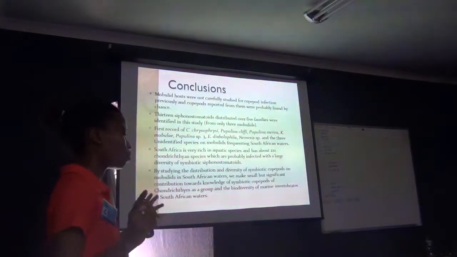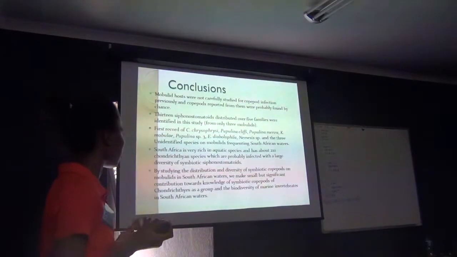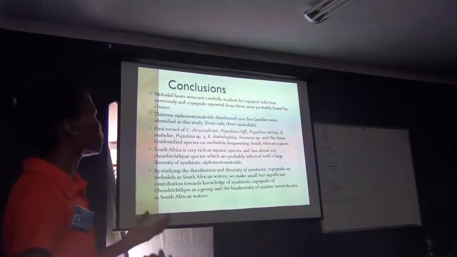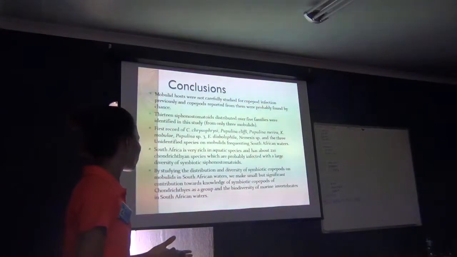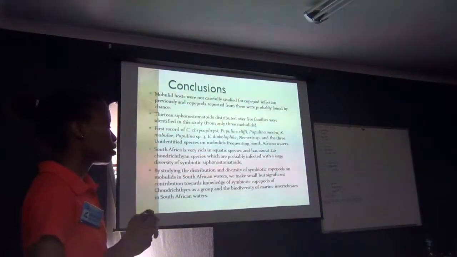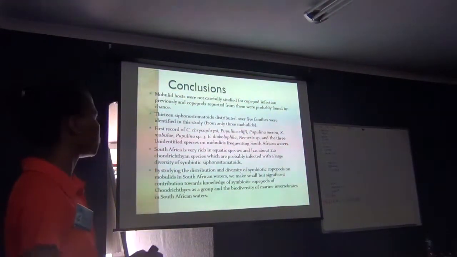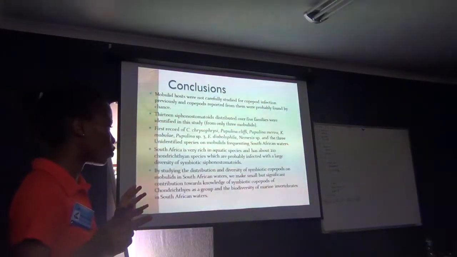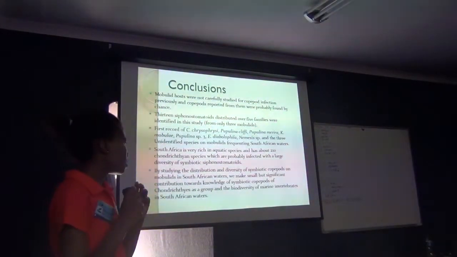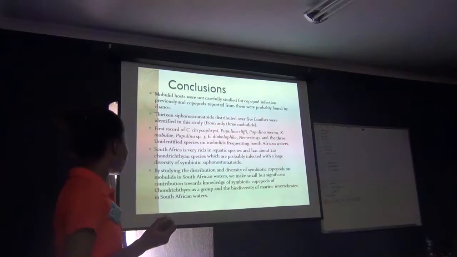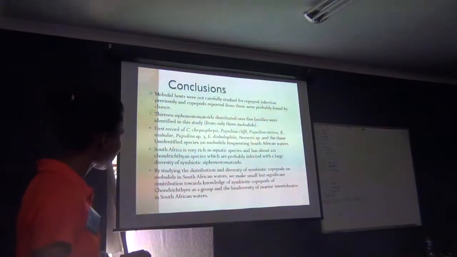So that's the only one that we've worked on and haven't found anything. So by studying the distribution and diversity of symbiotic copepods on mobulids in South African waters, we make a small but significant contribution towards the knowledge of symbiotic copepods in general and the biodiversity of marine invertebrates in South African waters.